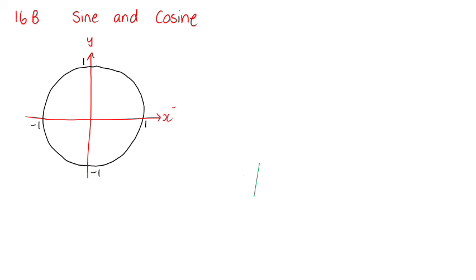Right, so if we draw a line from the origin out to here, and we say, well, if we want to know what that point x and y is, what's the coordinates? What are the values of x? What are the values of y?